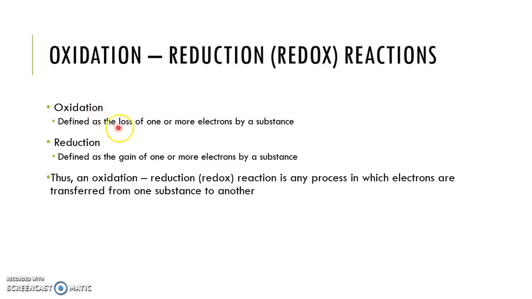Oxidation is when you lose one or more electrons, and the substance will be oxidized. Reduction is when you gain one or more electrons, and the substance will be reduced. Therefore, an oxidation-reduction or redox reaction is a process in which electrons are transferred from one substance to another.